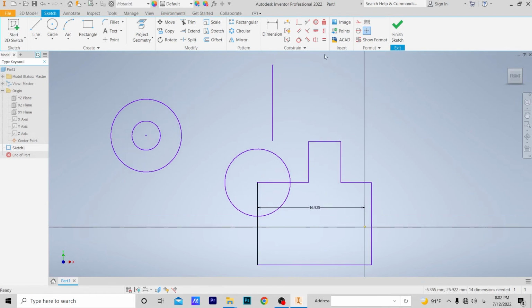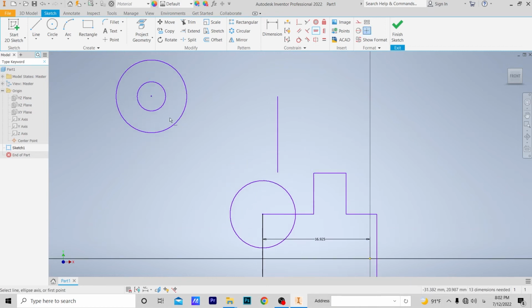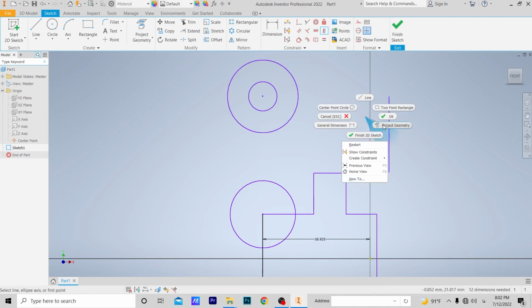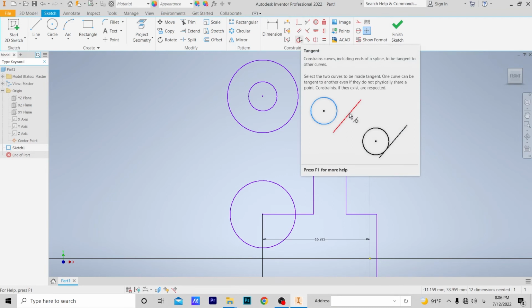Also, for points, we can say this point collinear this point. Okay, they are in one line. And also we can say this point with this point in vertical mode.